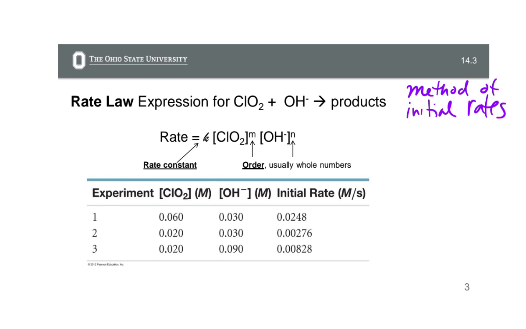Okay? So for instance, in this problem, in experiments 2 and 3, the concentration of ClO2 is constant, 0.02 moles per liter. The concentration of hydroxide is tripled, going from experiment 2 to experiment 3. And so our task is to figure out what happens to the rate.